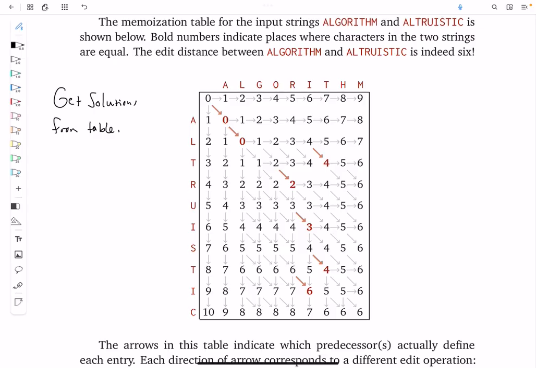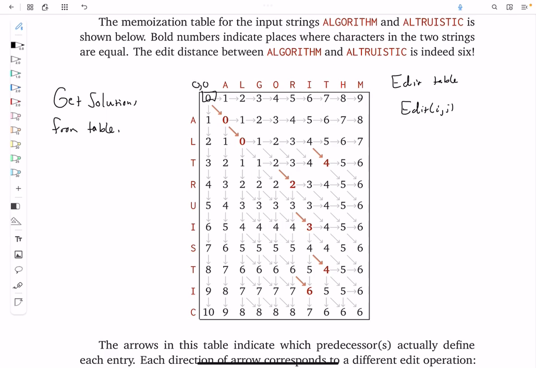So if this was the entire edit table, and each entry is just edit i,j. This is edit i,j. For example, this would be edit 1, 1. Or actually, that one's edit 0, 0.